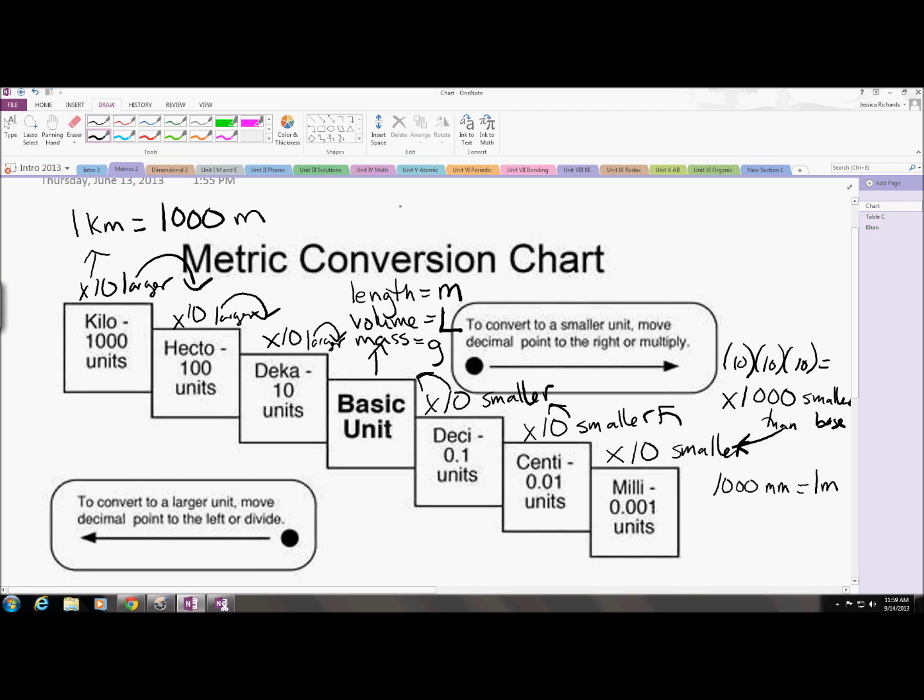So if you're going from meters to centimeters, meters are here. Here's my meter. And I want to go to centimeters. That's 1, 2. I move my decimal place 2 places to the right. So it's simple.